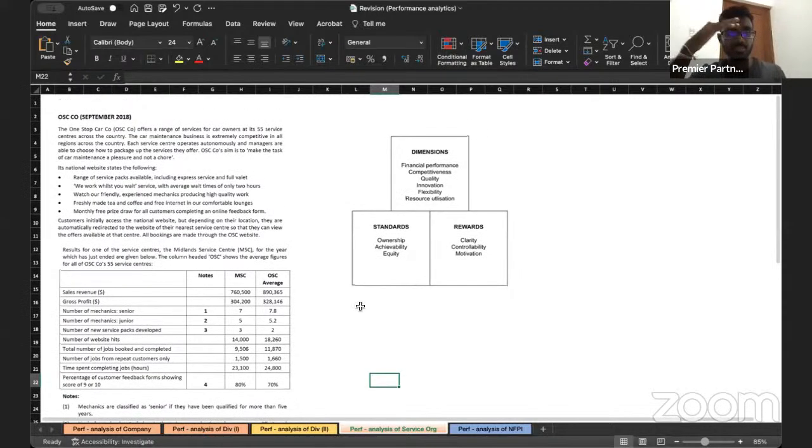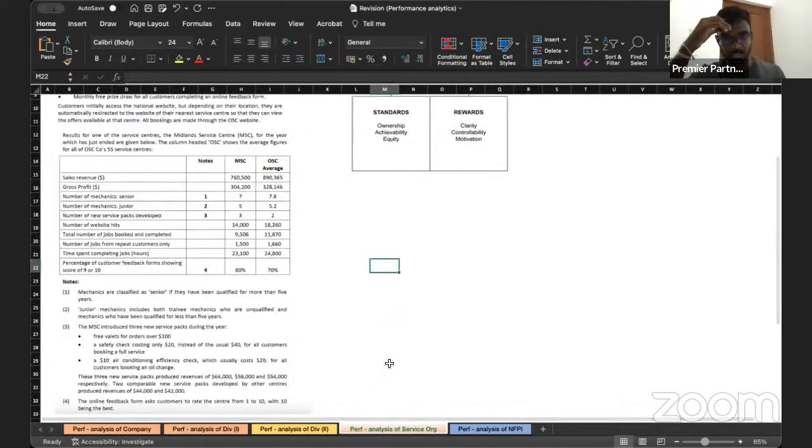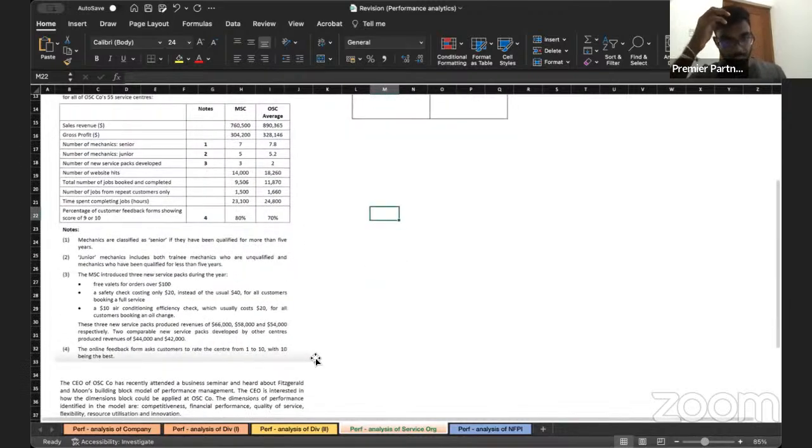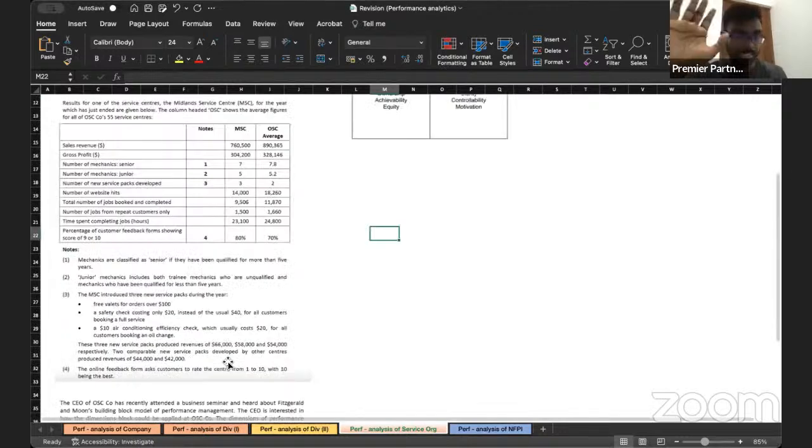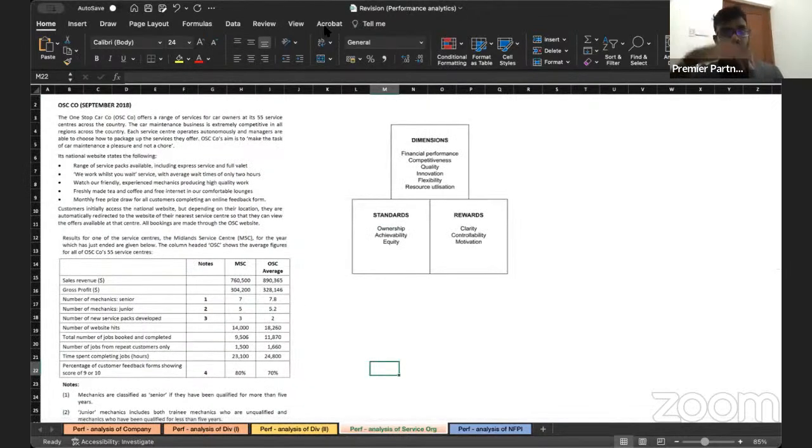We'll do this one, people. Performance analysis of service-based organization, right? Let's do this one. Okay, let's do this together. I'll give you 10 minutes to read and understand whatever they are telling you. 10 minutes to read. Quickly read this.